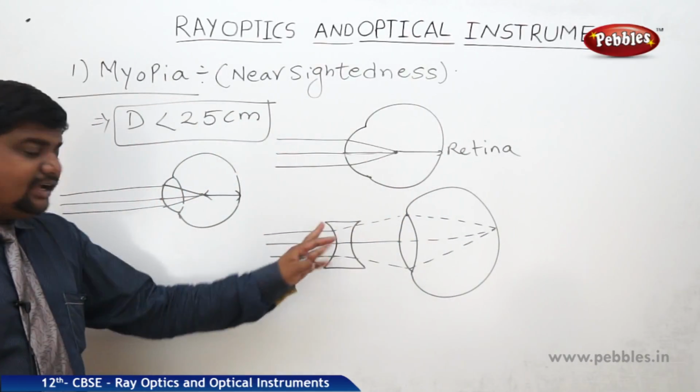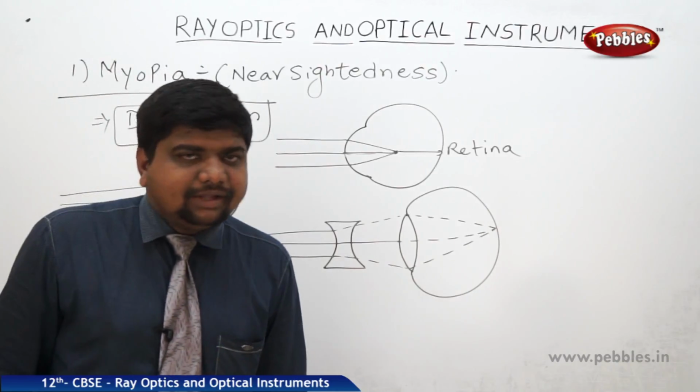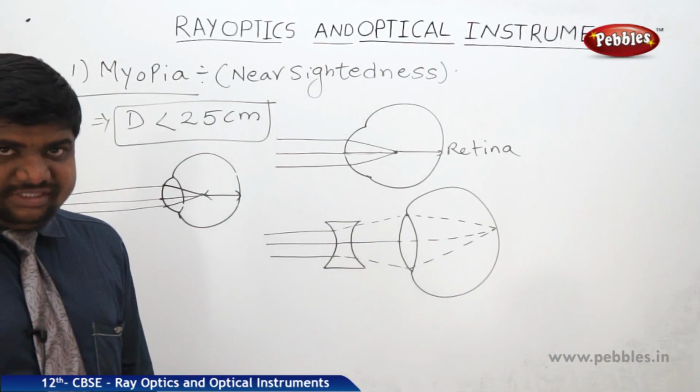So by using the biconcave lens, we can remove the defect of myopia. This is one of the important features.